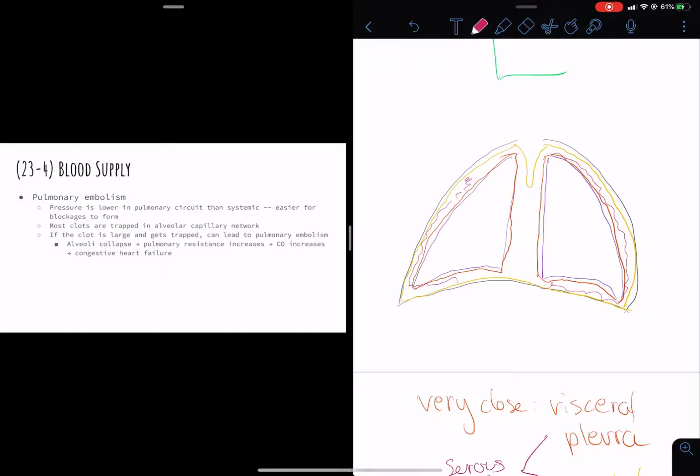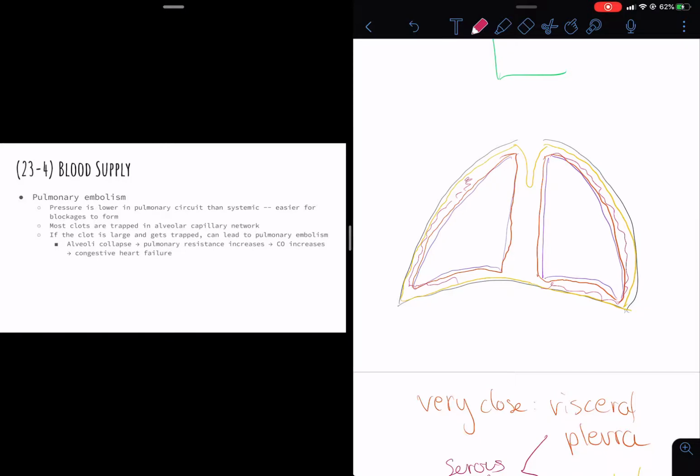Let's talk about a disease state like a pulmonary embolism. Pulmonary embolisms can be very dangerous because if they're traveling through this small vascular highway, they're more likely to get stuck. So remember, an embolus is a moving thrombus, and a thrombus is a blood clot. These blood clots can be made at any point, for a variety of reasons. And if they become dislodged and start traveling, they'll eventually make their way back to the heart, which means they can eventually make their way into the lungs.